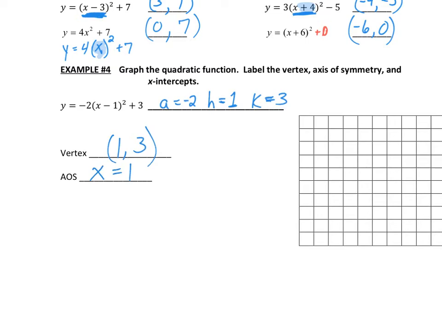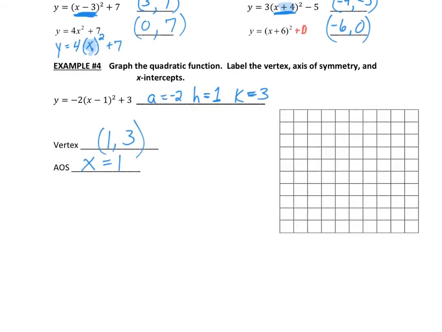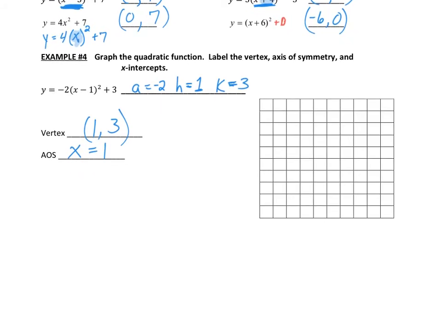This is a lot easier than standard form, where it was negative b over 2a. We don't have to find out what negative b over 2a is. We just have to know what h is. H is 1. If we were to graph this, first I have to draw my axes. I'm going to make this a little thicker.